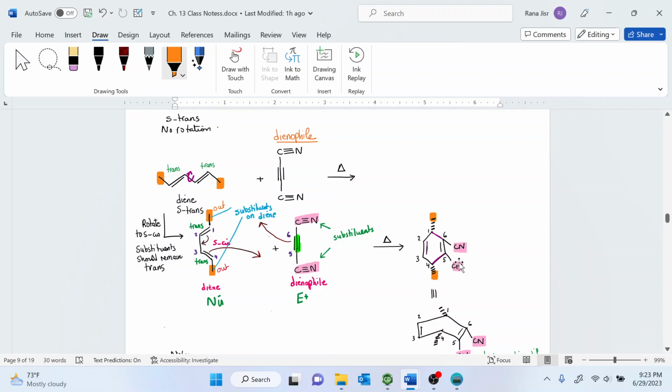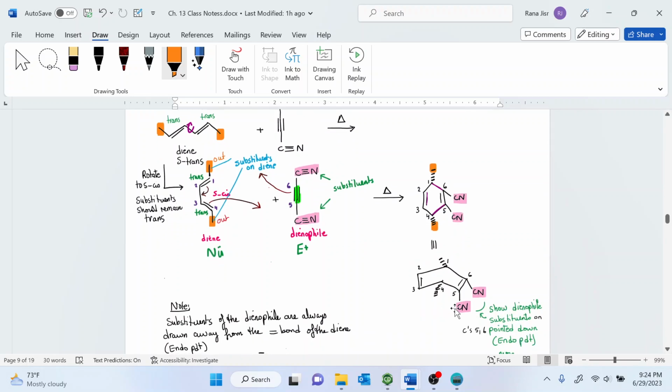We always prefer the cyanide whenever the triple bond approaches the diene. We always prefer that those substituents are pointed away from the double bond. So to show them pointed away from the double bond when the triple bond approaches the diene, we show them pointed down.